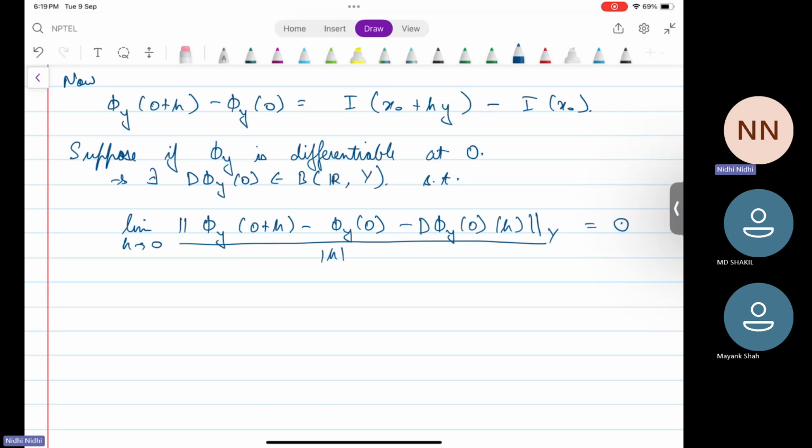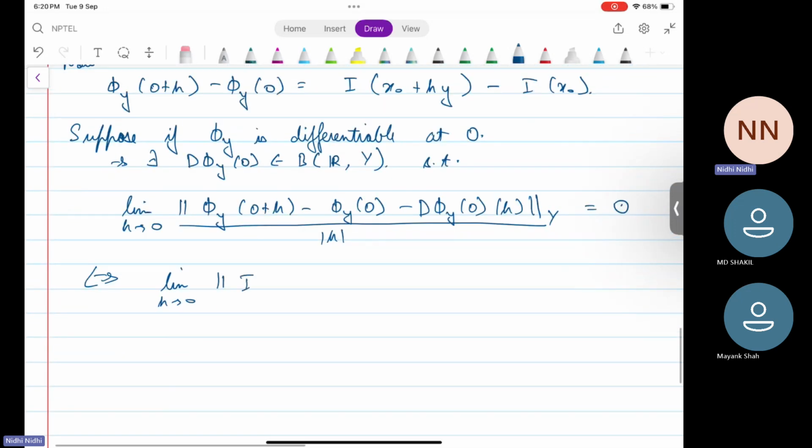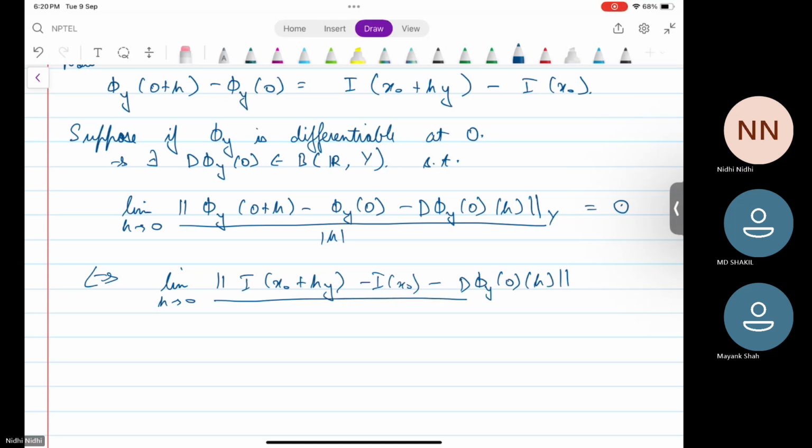is 0. And this happens if and only if the limit as h tends to 0 of the norm of I x naught plus h y minus I x naught minus d phi y 0 at h, upon modulus of h, is equal to 0.